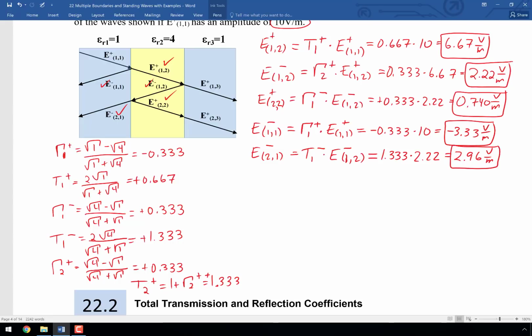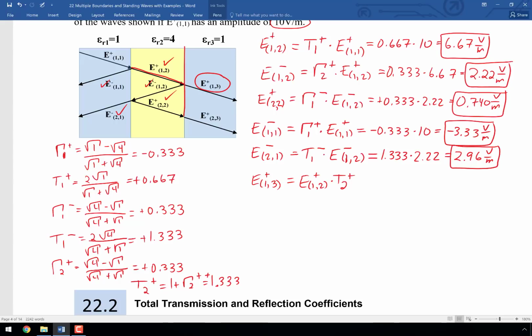So finally, I only need to worry about the third region. So E sub 1 comma 3 in the plus direction, that's going to be equal to E sub 1 comma 2 in the plus direction times T sub 2 plus. This sort of calculation is why the bounce diagram is so helpful, because I can see the only source of this wave is the one that is coming in, and so I already know the name of that wave, and then it's transmitted through that boundary moving toward the right.